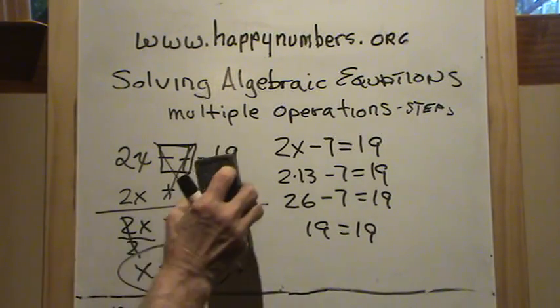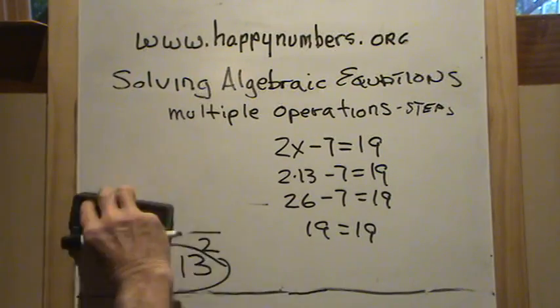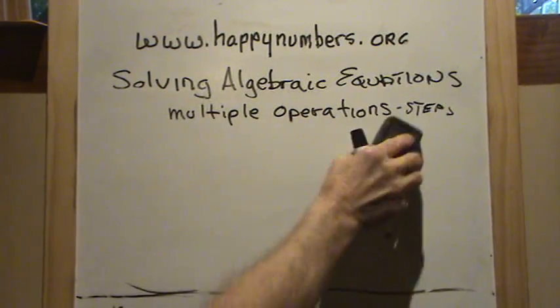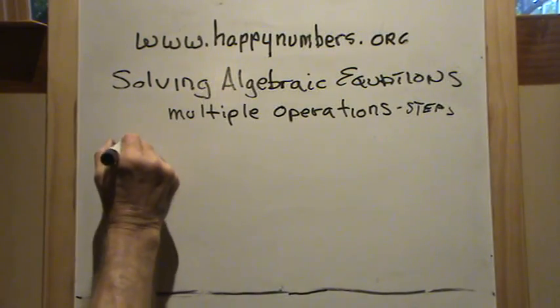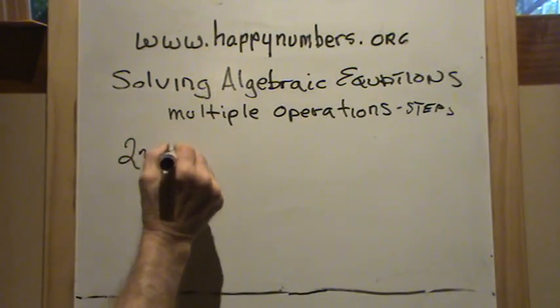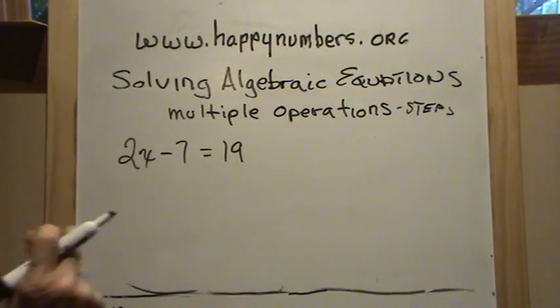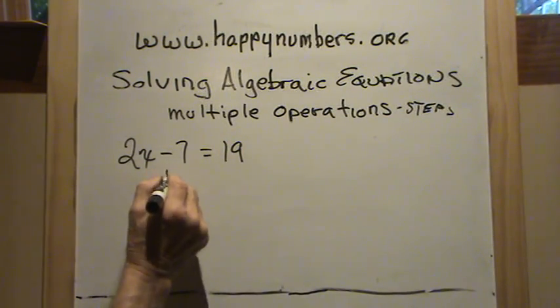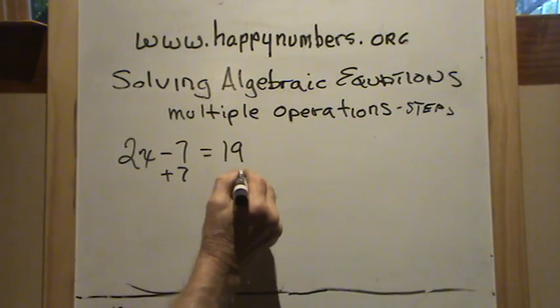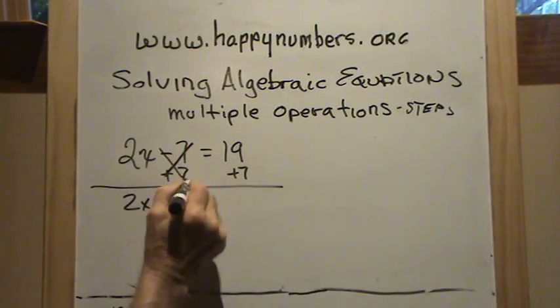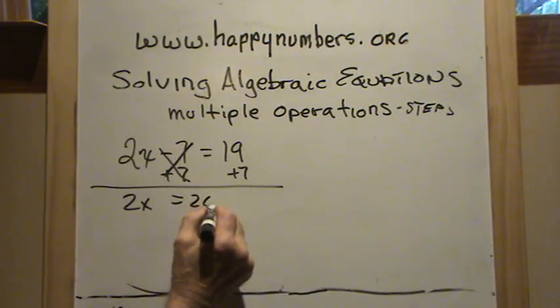Okay, let's take a quick review here. We had 2 times x minus 7 equals 19. Step 1 was to get rid of the 7, so we added 7 to both sides. We got 2x, this went away, equals 26.